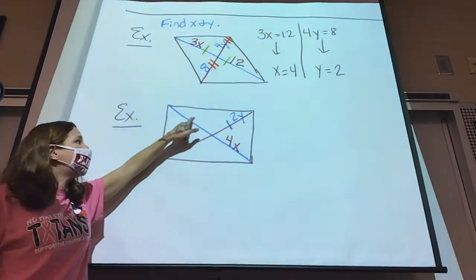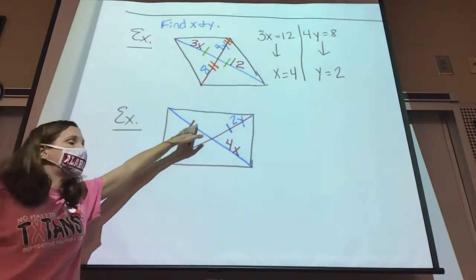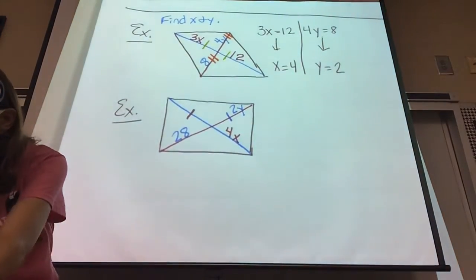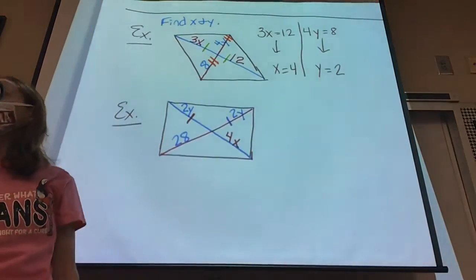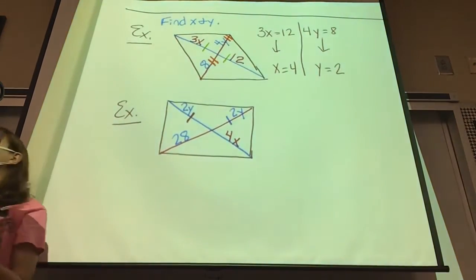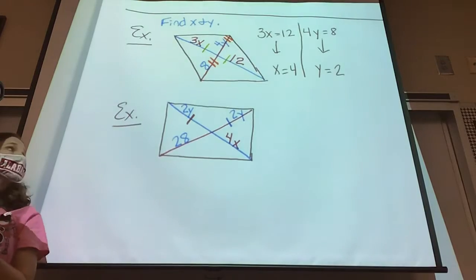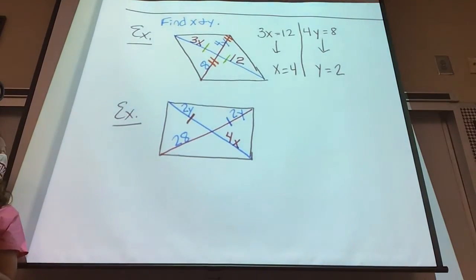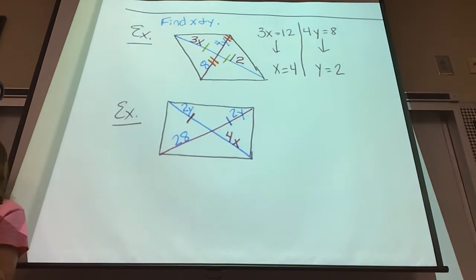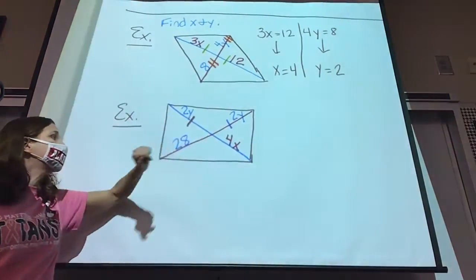So if this is 2y, what's this one? 2y. So this should be 2y. They don't always tell you because we know that they have the same mark. We know that they are congruent. So if they both have one mark, then they both have the same measure. So if this is 2y, that's 2y.